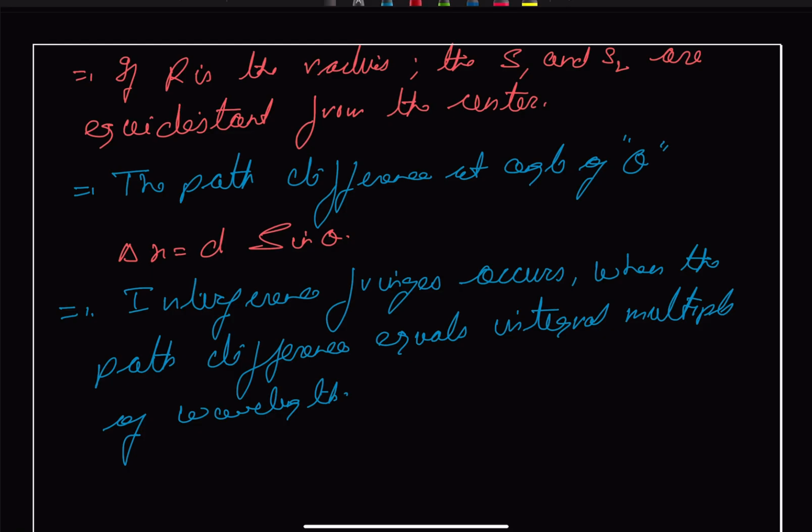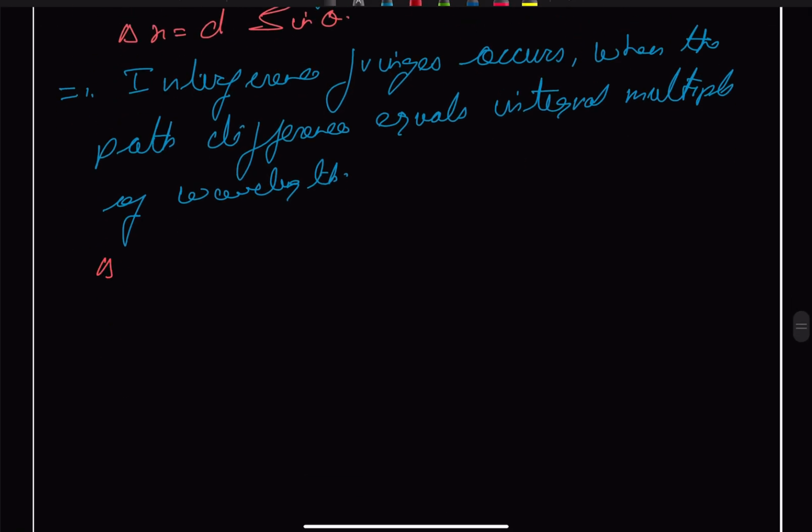So we can write that delta x will be n times lambda, and from here d sine theta will be equal to n lambda. This gives us that sine theta will be equal to n lambda by d.